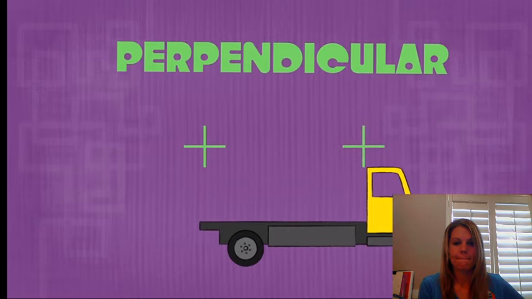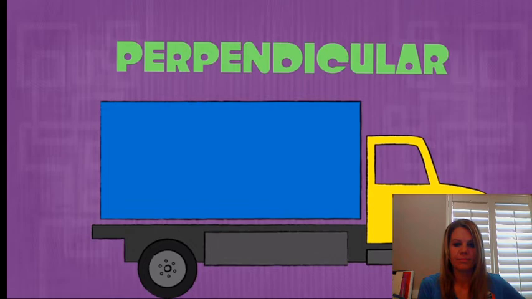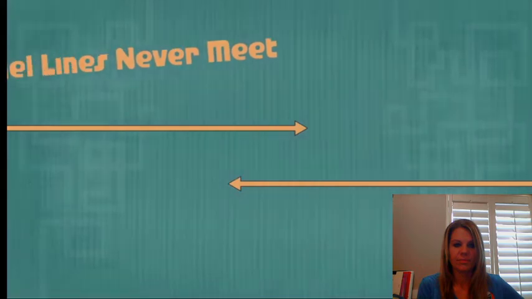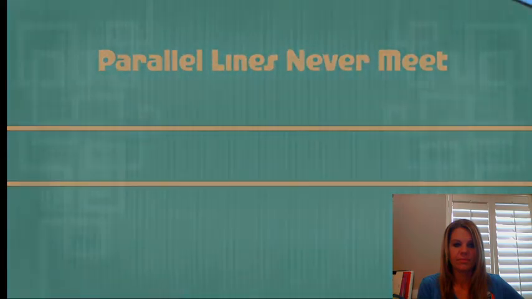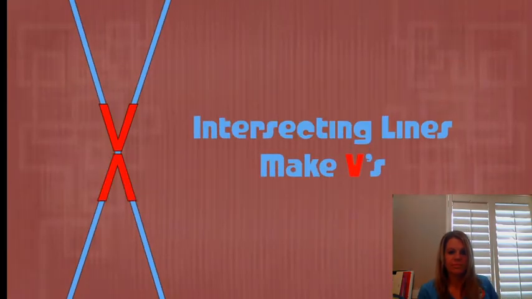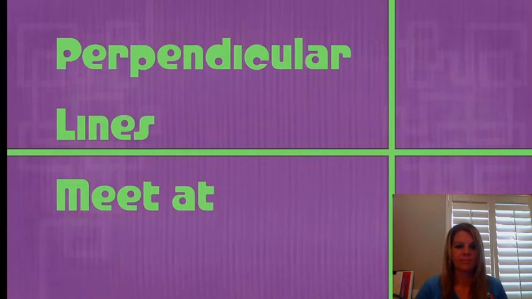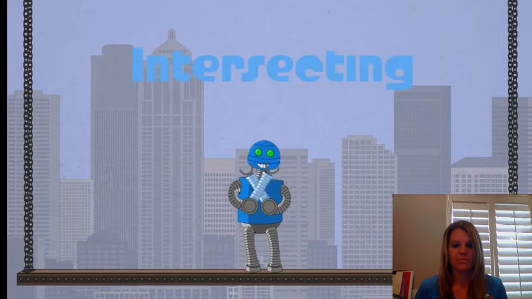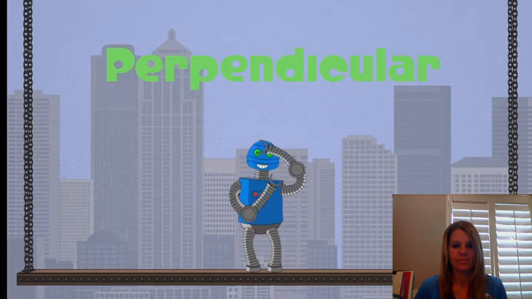Lines that are perpendicular on a rectangle's perimeter. Well, let's break it down even simpler. They make right angles in particular. Parallel lines never meet. Intersecting lines make these. Perpendicular lines meet at 90 degrees. Put your hands in the air with me. Parallel, intersecting, perpendicular, they're rectangular.